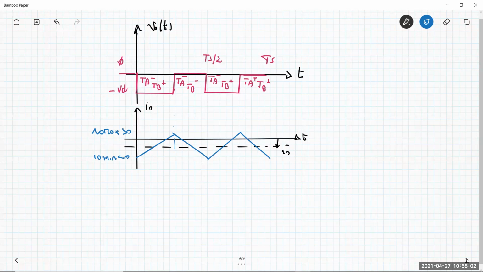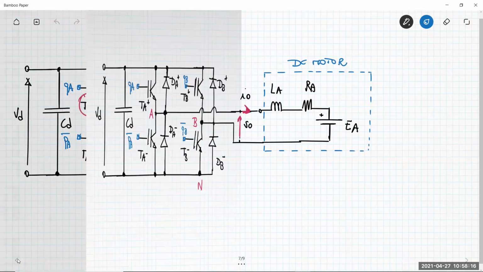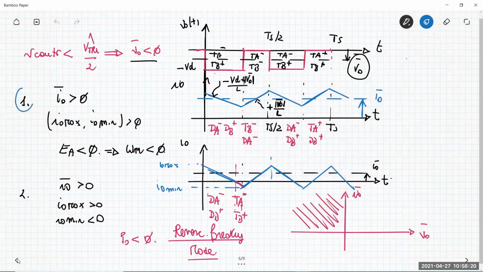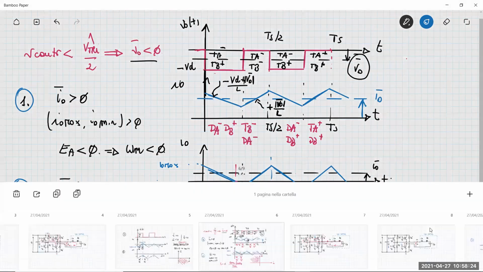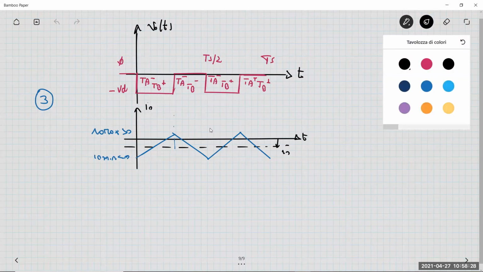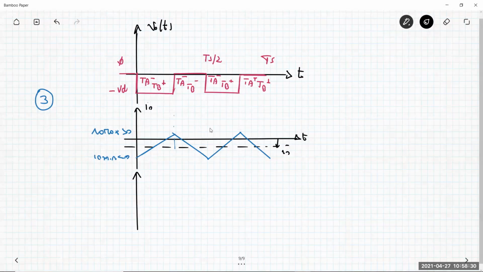Okay, so this situation can be analyzed and studied exactly as we did before in order to find out which are the conducting devices. One, two, that was the third, and then we have also the situation in which the total current is negative.